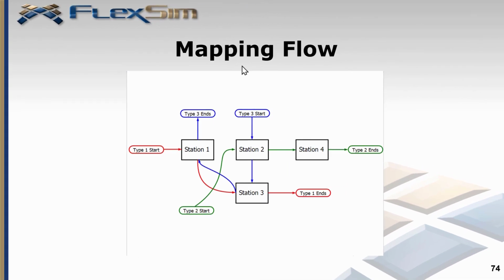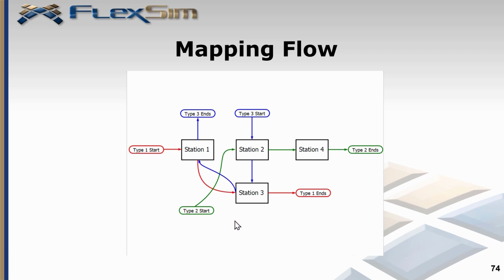Okay, I'd like to use this simple flowchart to discuss 2 different ways of mapping out the flow. Let's assume this is a job shop where you have multiple types of product that use the same resources but in different sequences. So in this example we have 3 part types. Part type 1, shown in red, begins at station 1 and then needs to go through a process at station 3 and finishes.